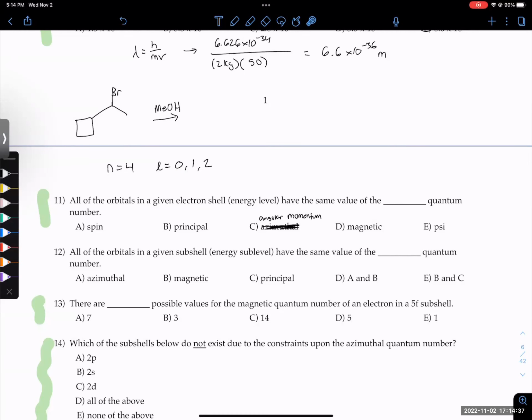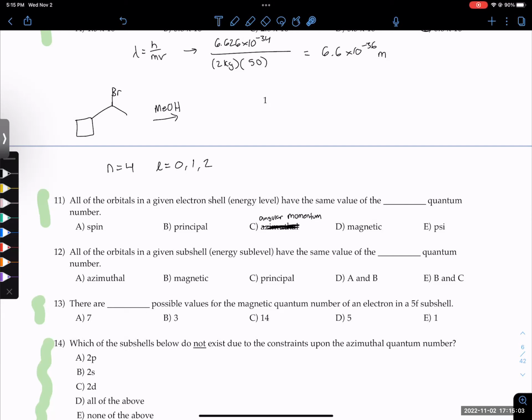Does that make sense? What does energy level represent again? Energy level is, if you look at the periodic table, the row, or the period, I guess is the correct term. The first energy level just corresponds to the 1s subshell in a hydrogen atom, or anything that has a 1s subshell.